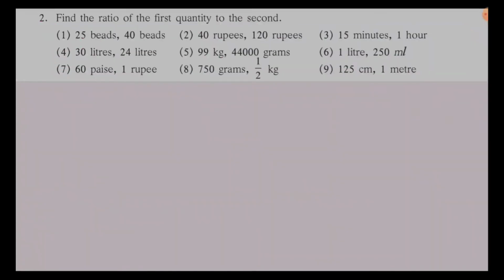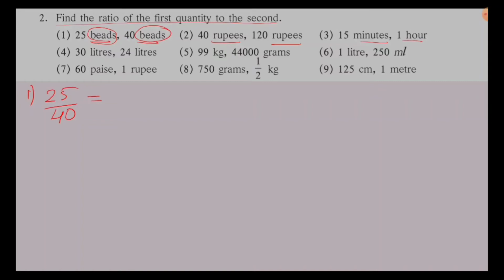Now let's go to the second part of this exercise, that is find the ratio of the first quantity to the second. Again the same thing, but here we have been given all the units. These are beads, these are rupees, these are minutes, these are hours. If the unit is the same, we don't have any problem, we will just directly divide. It is written as 25 upon 40.